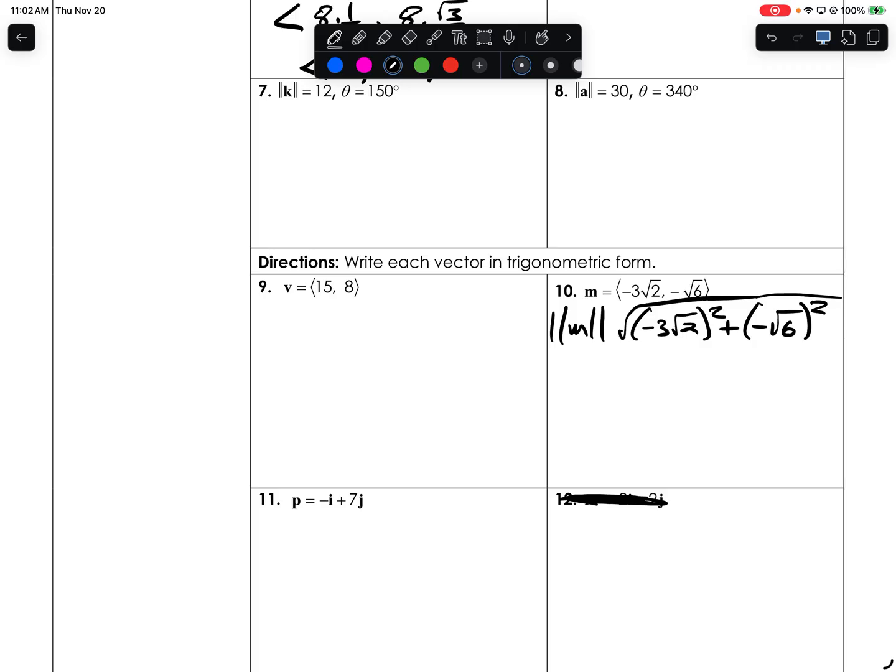So if I square negative 3 root 2, negative 3 times 3 is 9, root 2 times root 2 is 2, 9 times 2 is 18. So I get 18 under there. Square root of 6 times square root of 6 is 6. So I get square root of 24. Break it apart. Don't say it out loud, just break it apart.